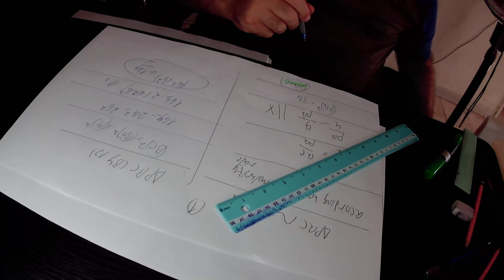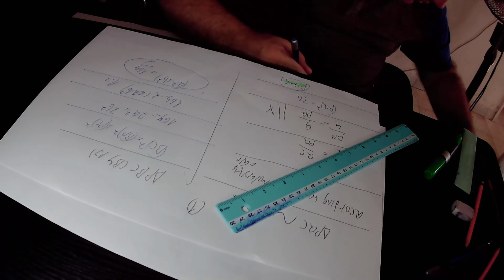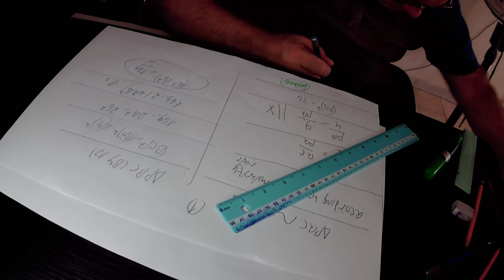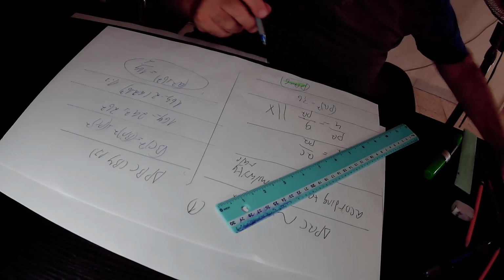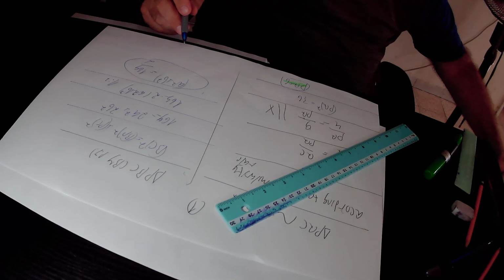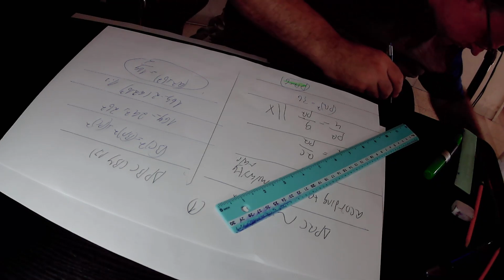Put together, we actually found out that A square plus B square equals 169 over 2.